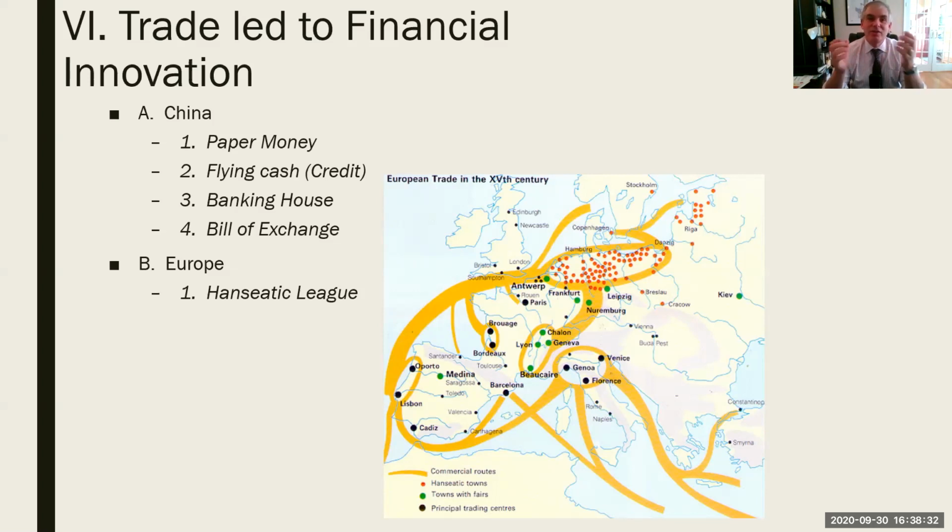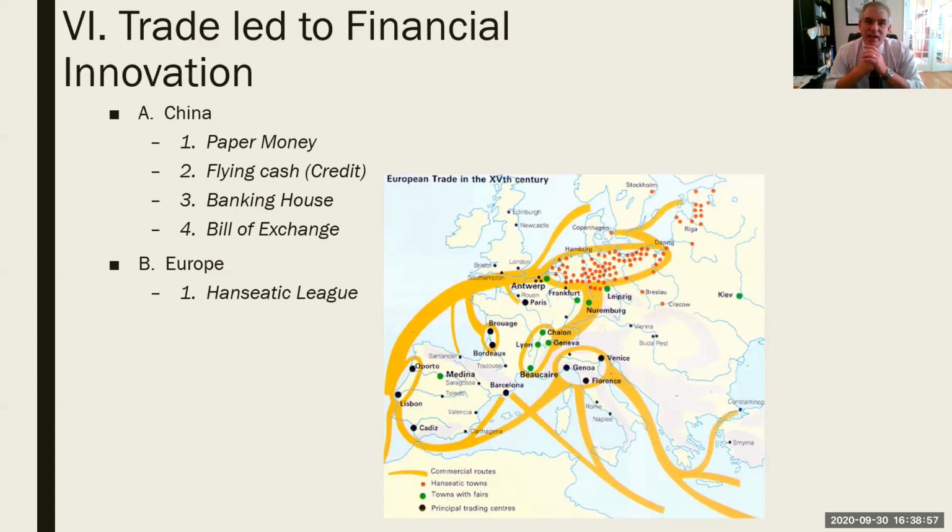Gradually, that innovation makes its way out to Europe. Banks start popping up, lending out money to merchants to allow them to engage in more trade. And the development of credit and the ability to trade throughout a larger region with currency is going to help spark the growth of trade.